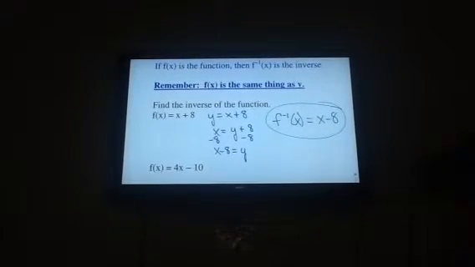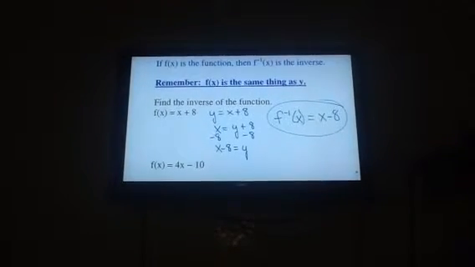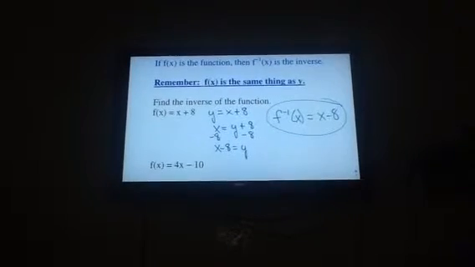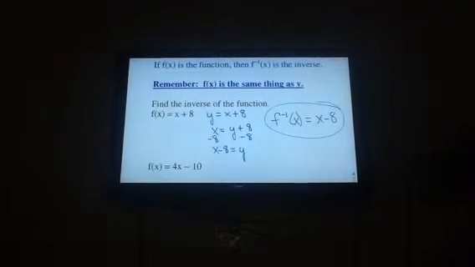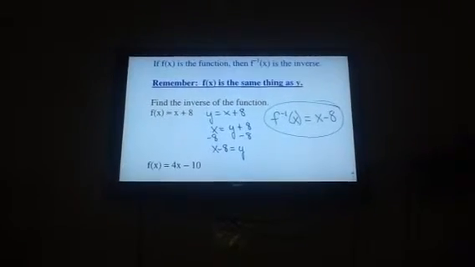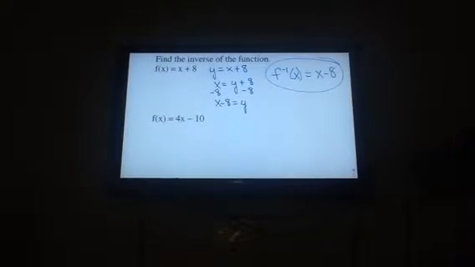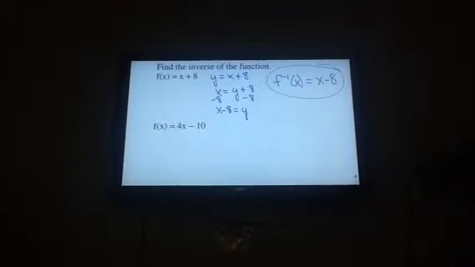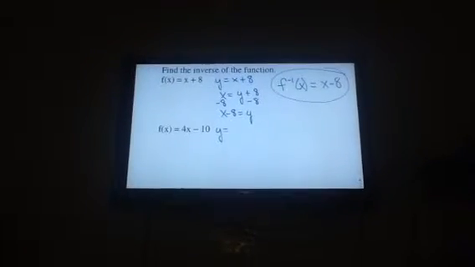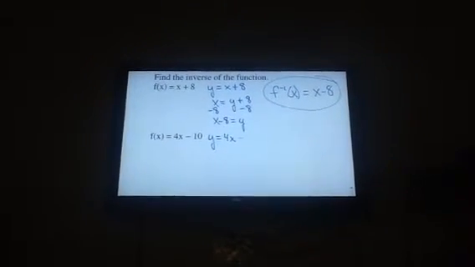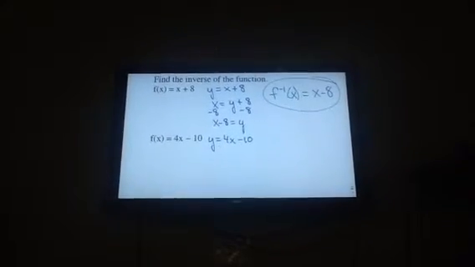Now they're not all that simple. So think of it in steps. I'm going to go through another one and repeat the steps. Write your f of x as y. So y equals 4x minus 10.